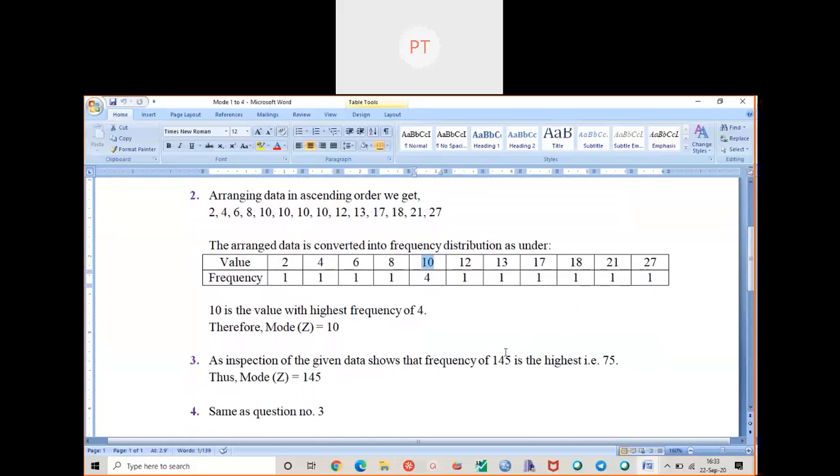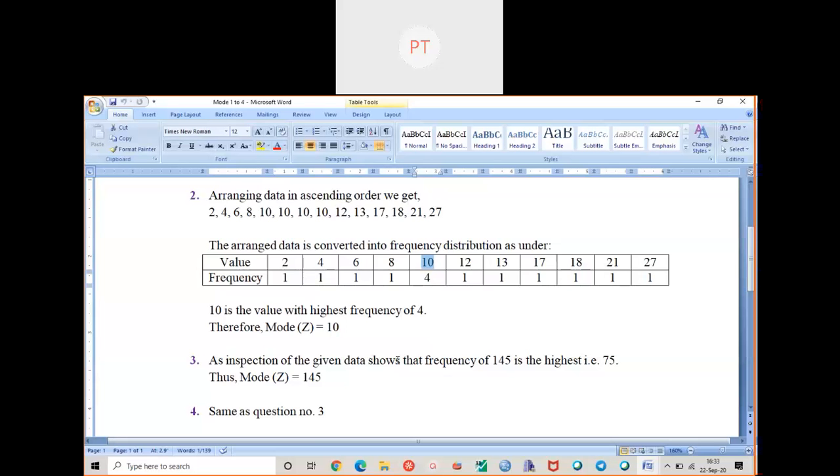Now in question number 3, the frequency distribution has already been provided to you. From that frequency distribution table, have a look at the question. I didn't write the question out here.